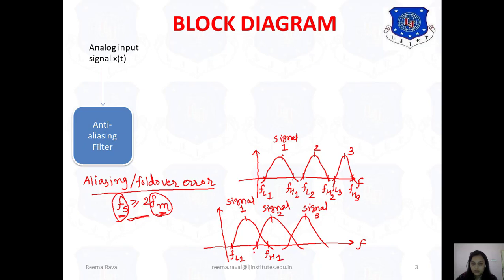This is FL2 for signal 2. This will be FH2, this will be FL3, and this will be FH3. But what happens here is, at the transmission side, these signals are transmitted and overlapping occurs.